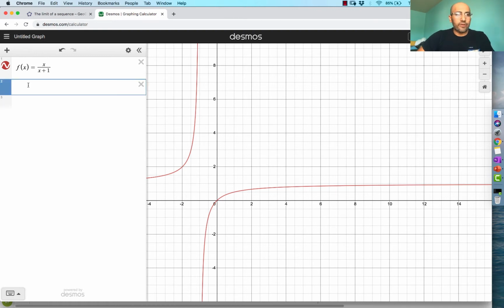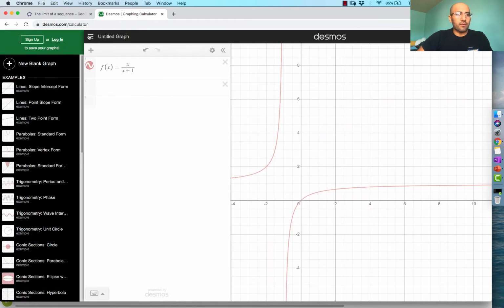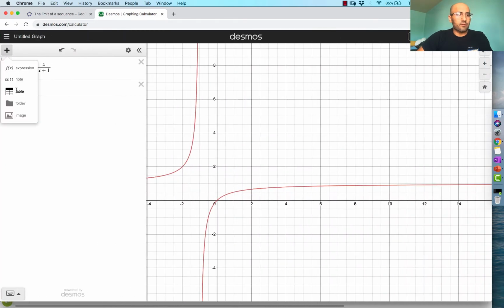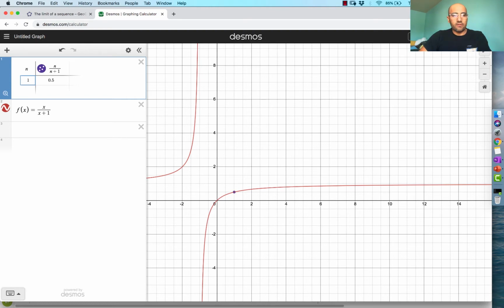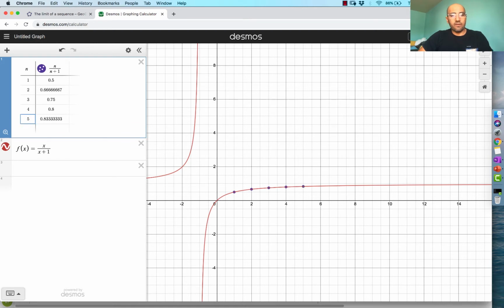Okay, so now if we looked at this, what we would have is the following: n divided by n plus 1, where this is n. And so we'd have 1 there, and then 2, and then 3, and then 4, and then 5, right?